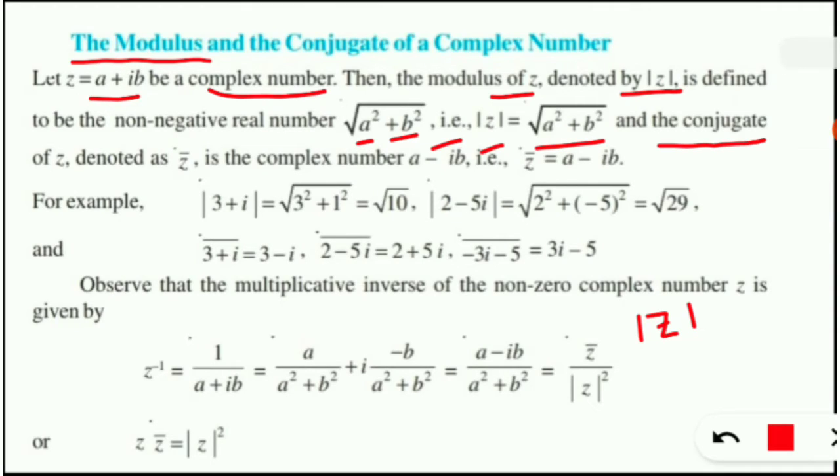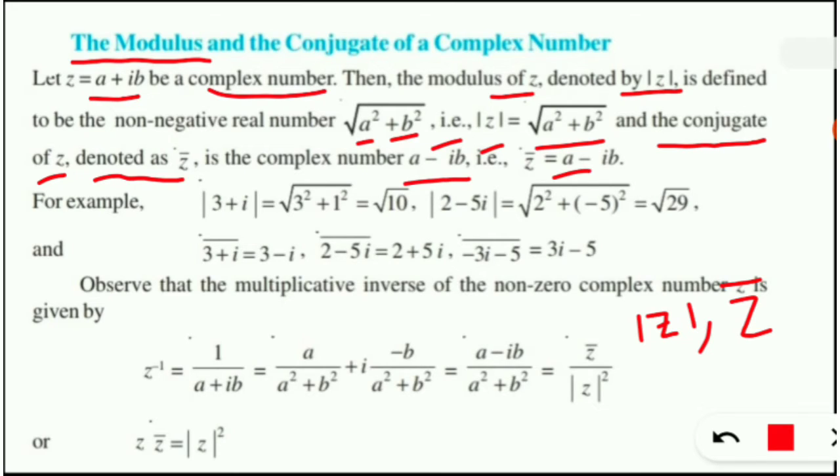Next, the conjugate of a complex number z is denoted by z bar, and is defined by z bar equals a minus ib.